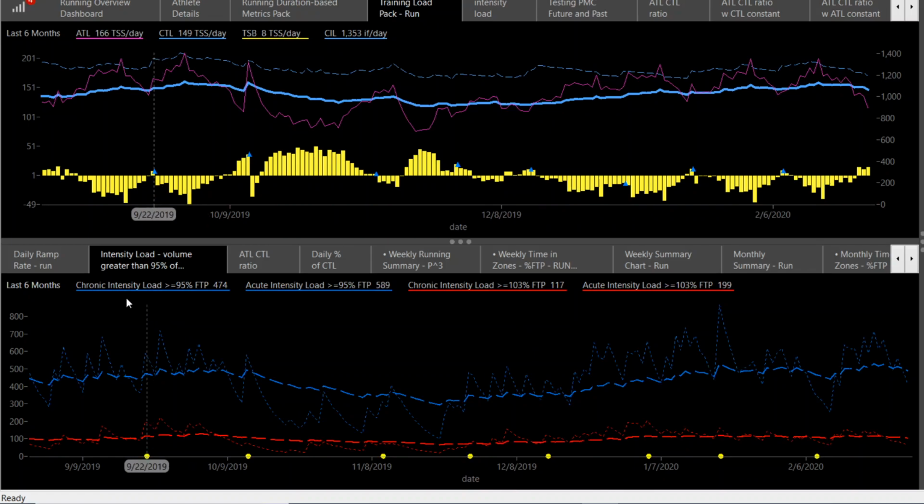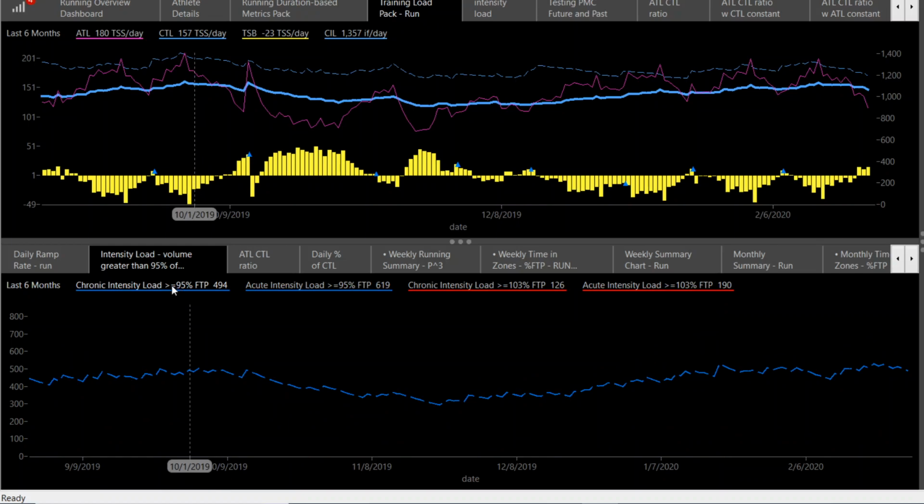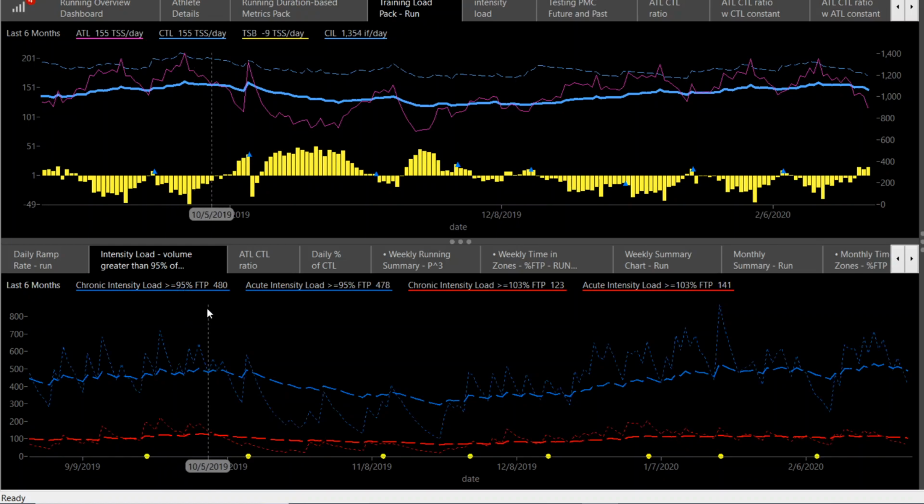One is a component of greater than or equal to 95% of FTP or CP. The volume of running, so it's like time in zone at greater than 95% of threshold power.